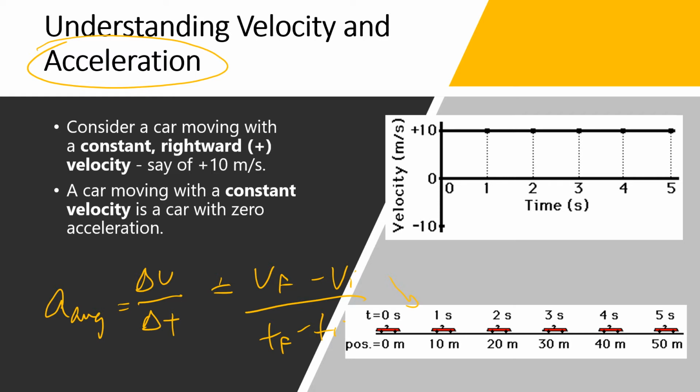You can see it in the velocity versus time chart. Over 5 seconds, he does not change how fast he is going. So he has a constant velocity and zero acceleration because his velocity is not changing. Remember, acceleration is how your object changes its velocity over time.